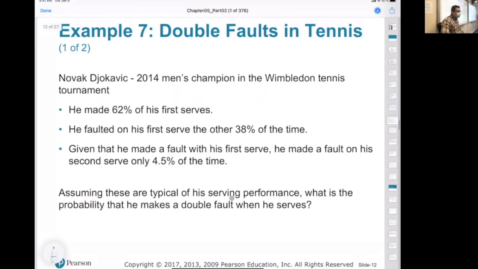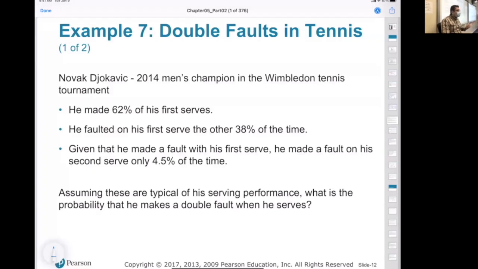For example, Novak Djokovic, the 2020 men's champion in the Wimbledon tennis tournament in England, made 62% of his first serves, and he faulted on his first serve the other 38% of the time.